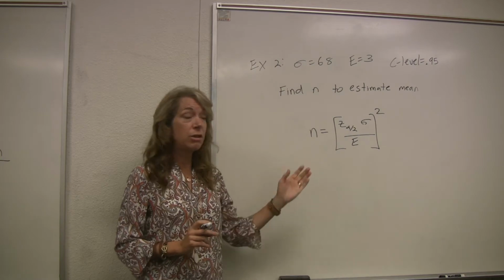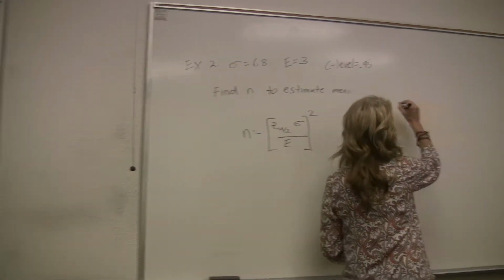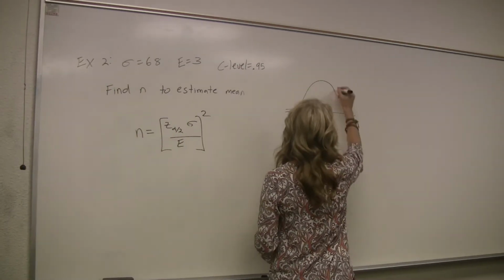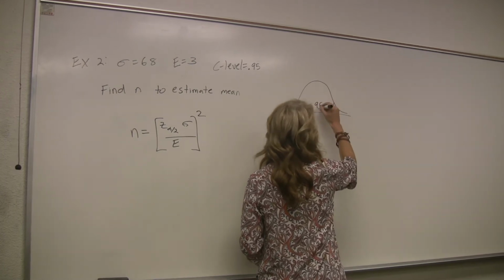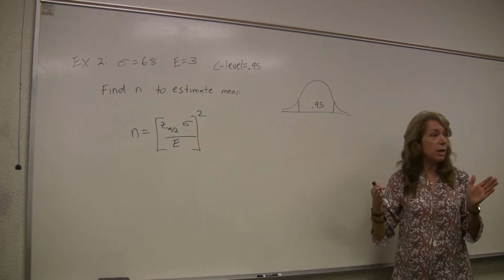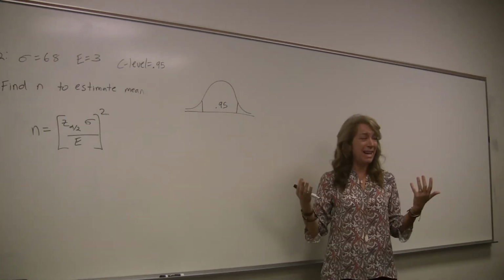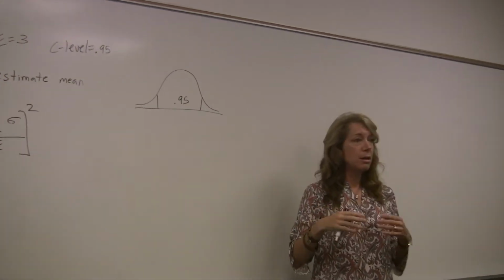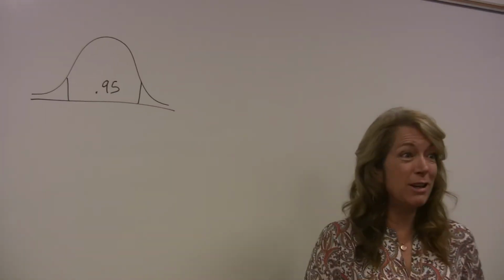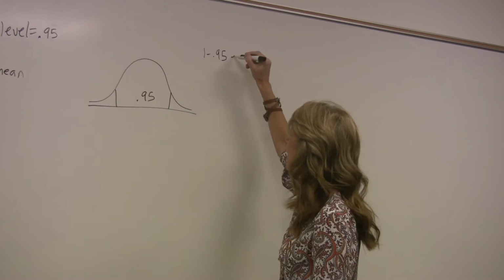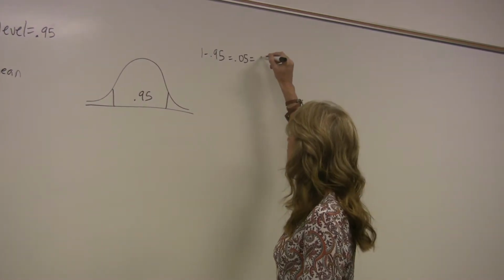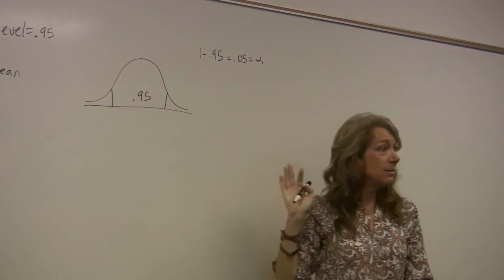So we can draw the picture and look it up. Let's jog your memory on how to do that. If it's a 95% confidence interval, 95 is in between. Evelyn's telling me take 1 minus 0.95. So 0.05 is our alpha, the area on the outside.